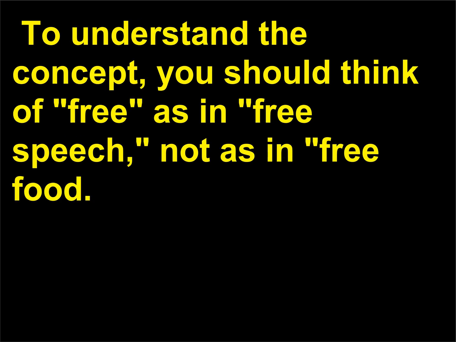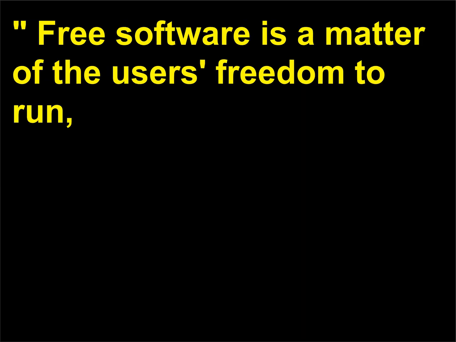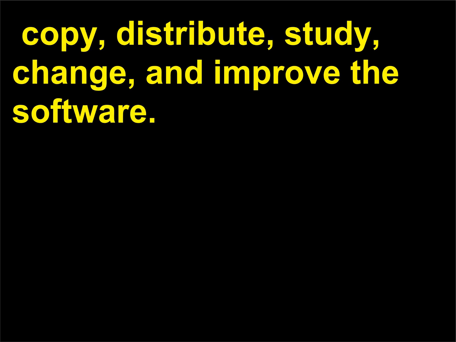To understand the concept, you should think of free as in free speech, not as in free food. Free software is a matter of the user's freedom to run, copy, distribute, study, change, and improve the software. Despite this statement, most of it is available without charge.